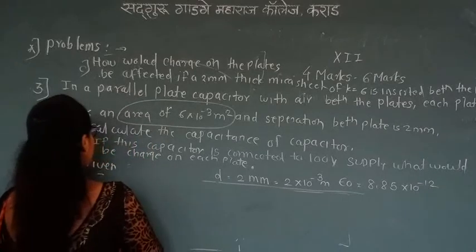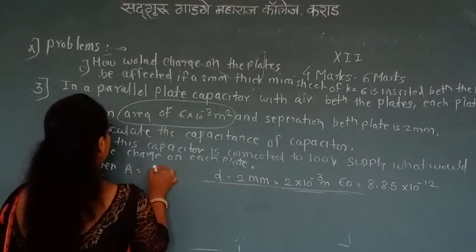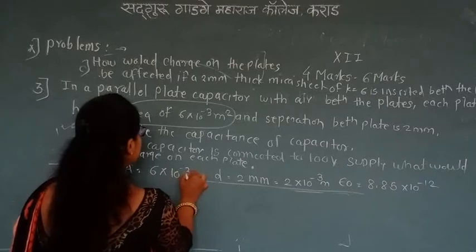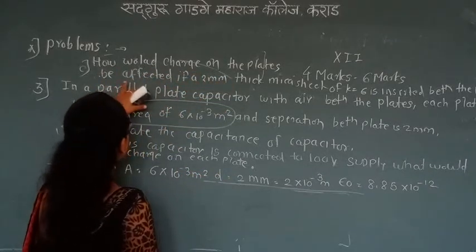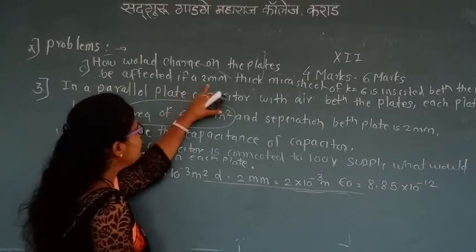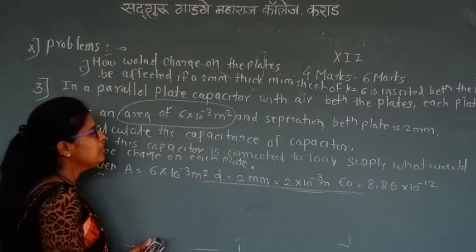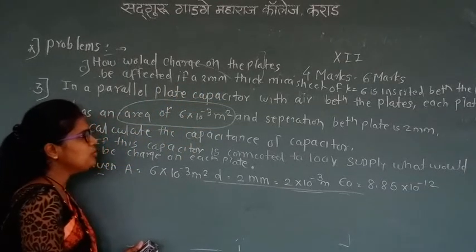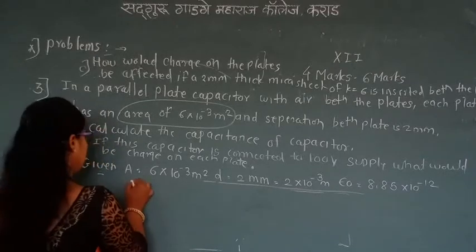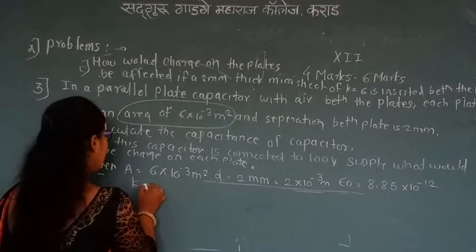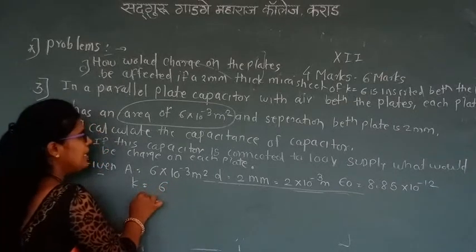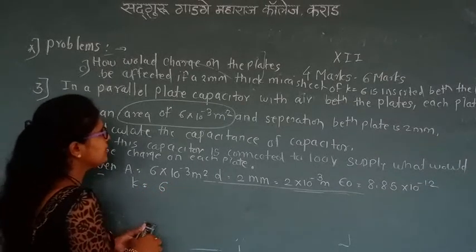Now the next one is C. What would the charge on the plates be if a 2 mm thick sheet of K = 6 is inserted? Here the dielectric constant is given. When the capacitor is filled with dielectric material, the dielectric constant K is equal to 6.